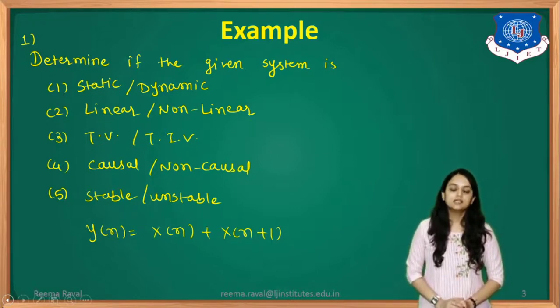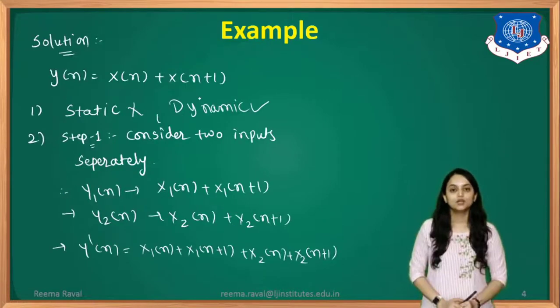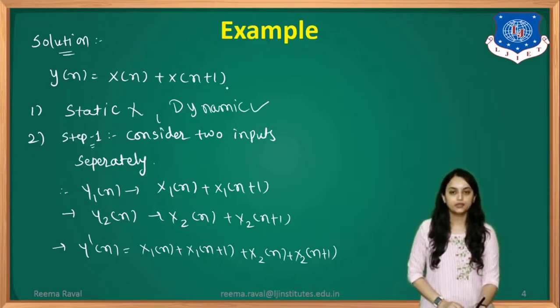That means here it is asked to check all the given properties for the system function, which is y of n equals x of n plus x of n plus 1. So now let's solve this. For us the given system function is y of n equals x of n plus x of n plus 1, right?